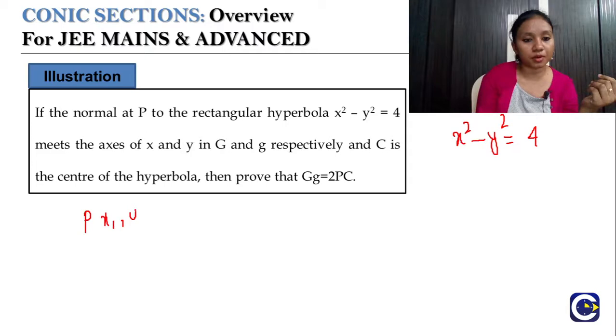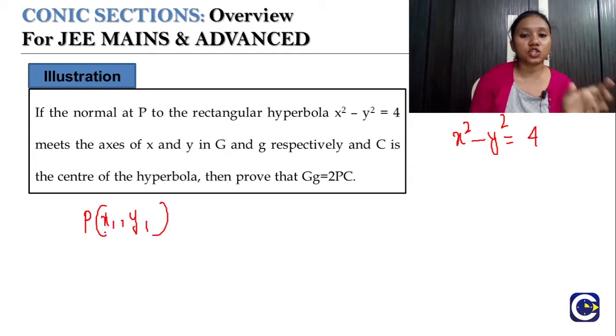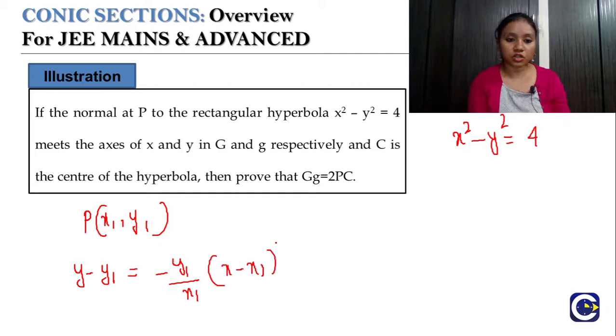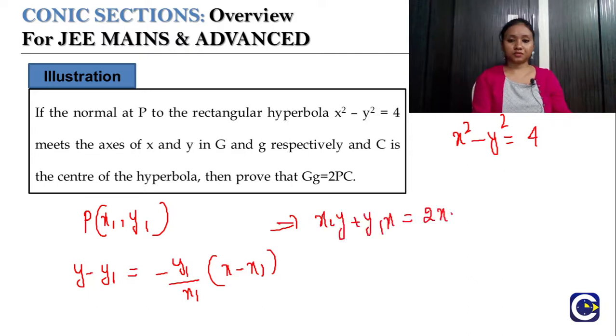So now write the equation of the normal to this rectangular hyperbola. So let's write that. y minus y1 is equal to minus y1 by x1 times x minus x1. So if I write my equation of normal, this will be x1y plus y1x is equal to 2x1y1.